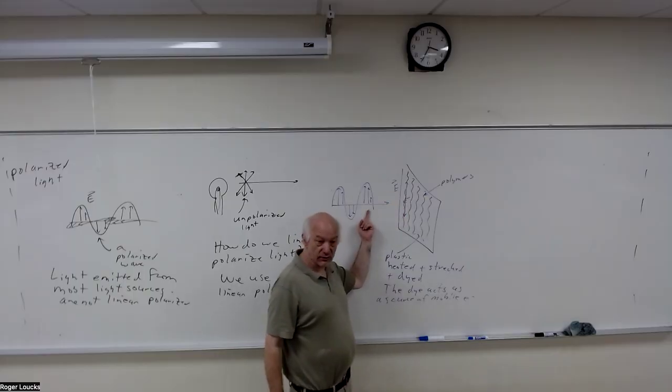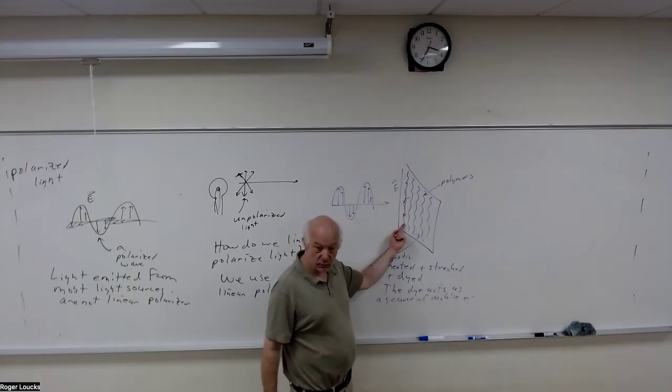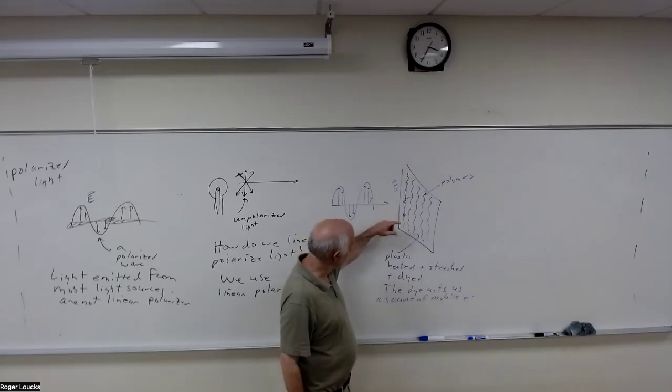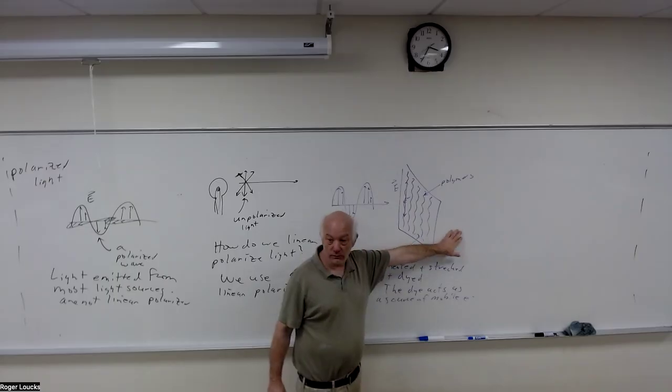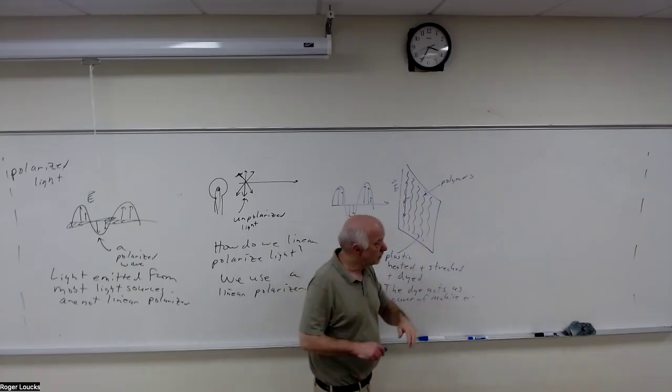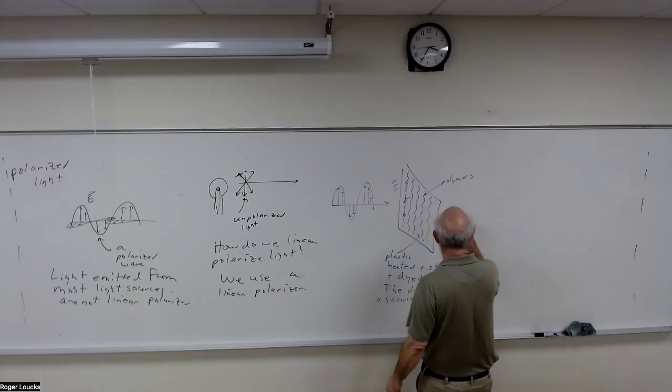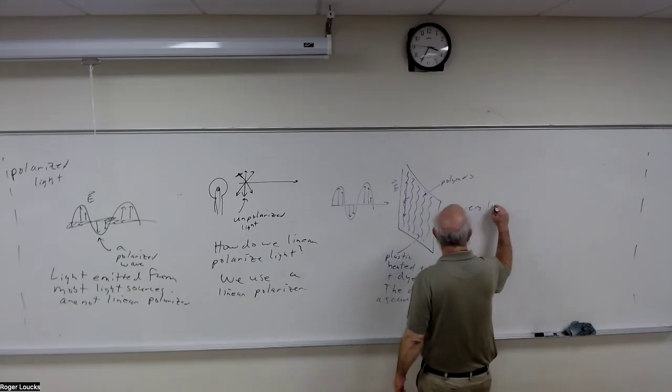And what's going to happen here is that wave is basically going to be extinguished, because all the energy connected with the electric field here is doing work on the electrons going like this, and no or very little light will come through. So what happens here is that very little light is emitted.